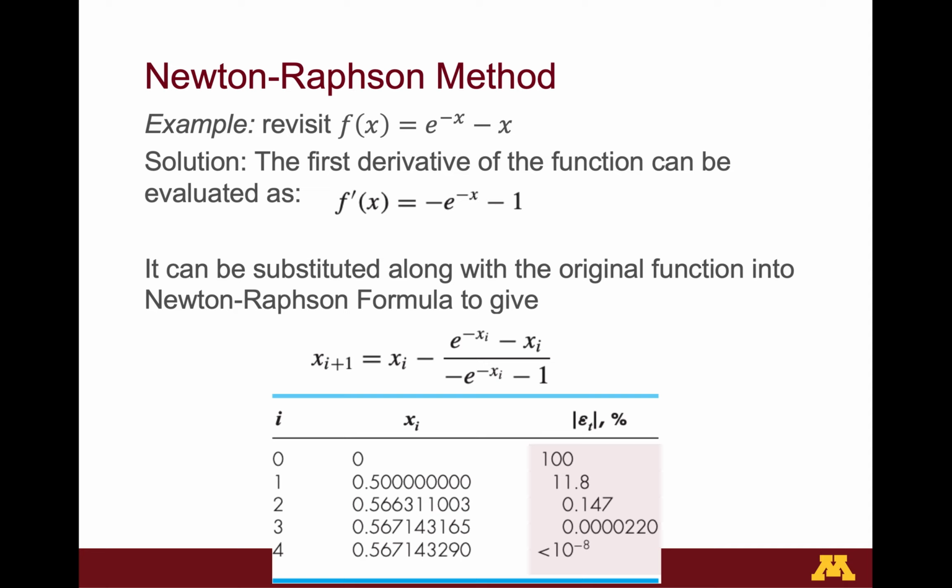The table shows in each iteration the x(i) value and the true percent relative error epsilon t. If we compare this table with what we can obtain from the simple fixed point iteration method, which we introduced at the beginning of open methods, you can see that epsilon t decreases much faster at each iteration.